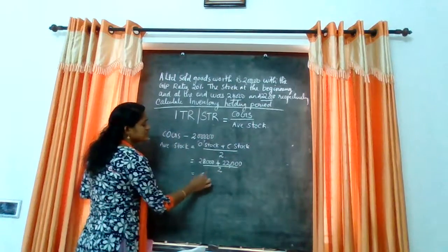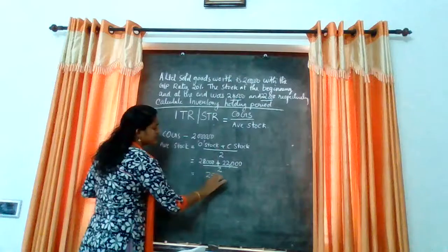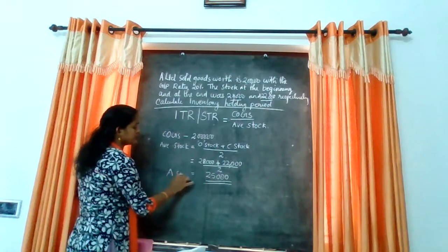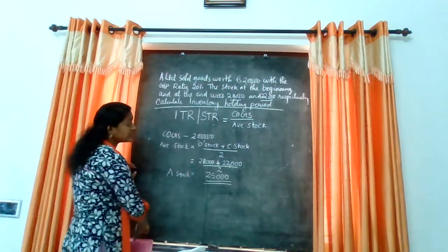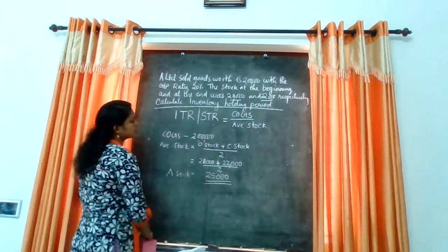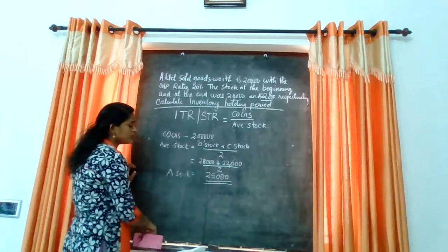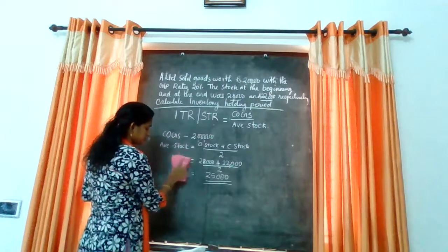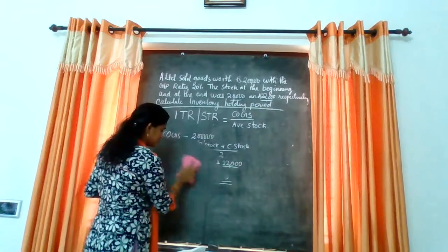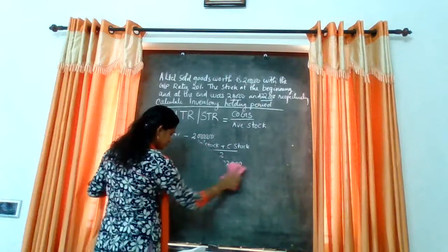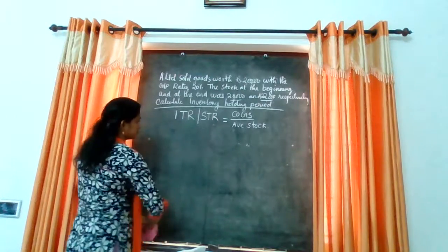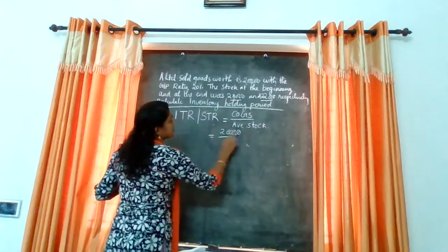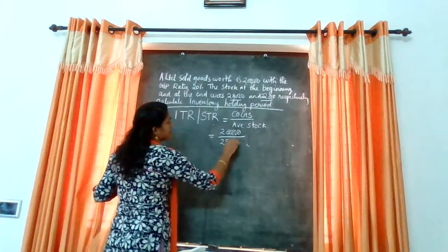We will get 25,000. Average stock is equal to 25,000. We can substitute: cost of goods sold 2 lakhs divided by average stock 25,000.